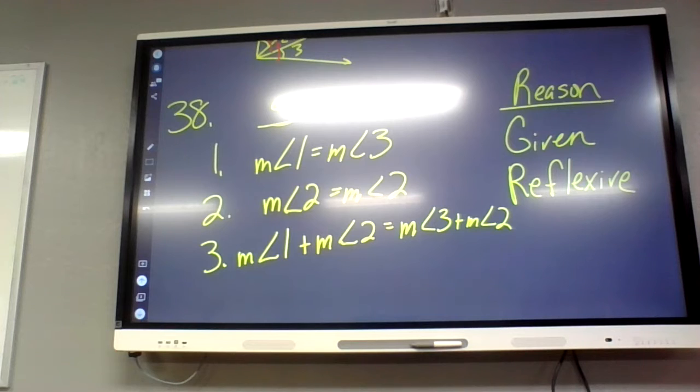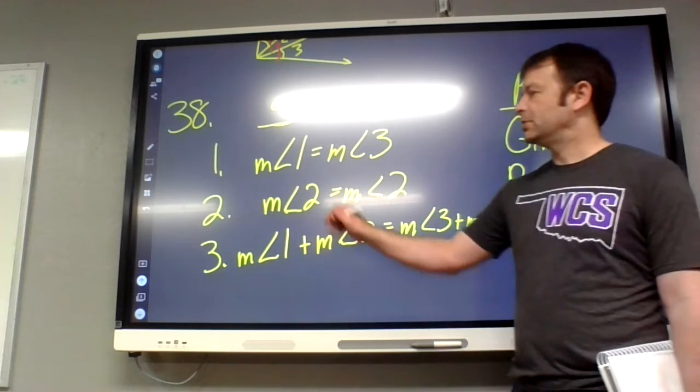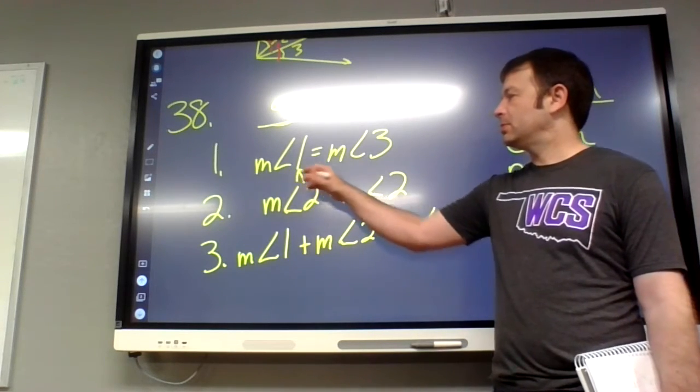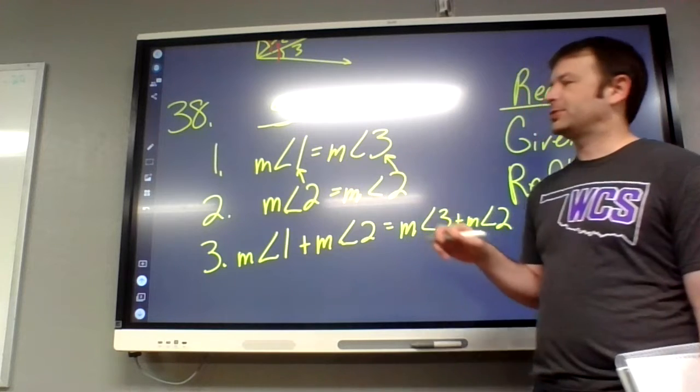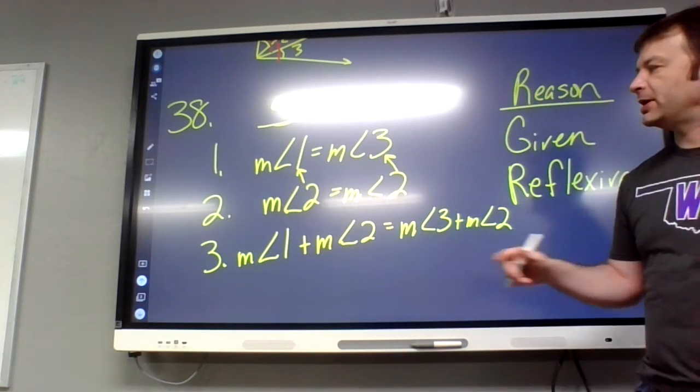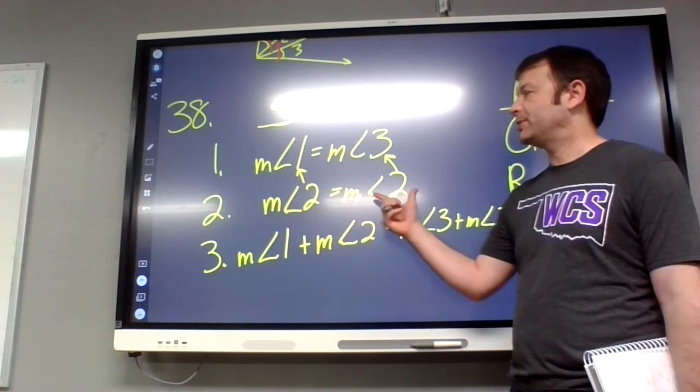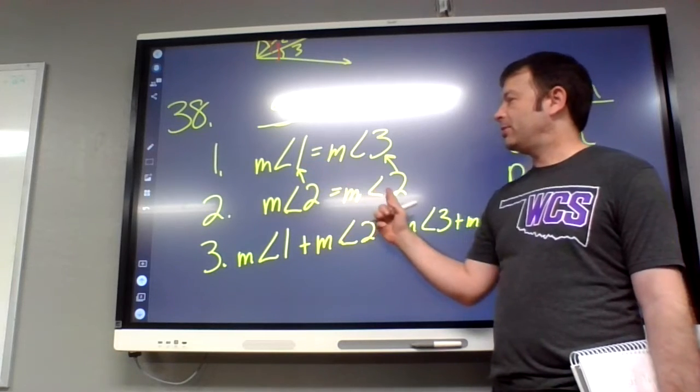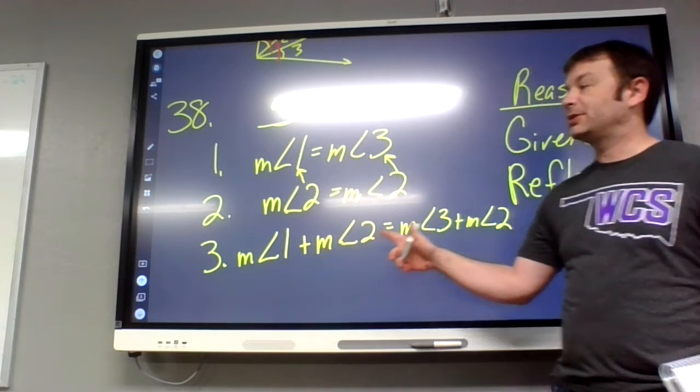Okay, yep. What did we do to get to line 3? What happened? Added angle 2 to both of those. Right? So this is kind of why this was written in the first place. What's it called when you add the same value to both sides of an equation?